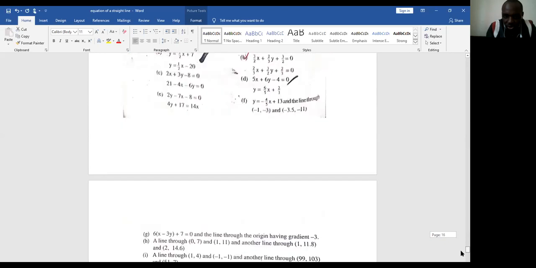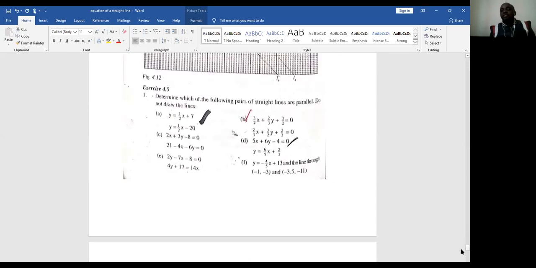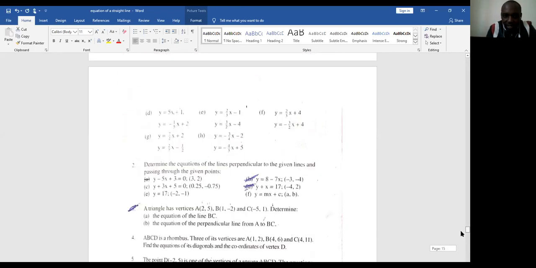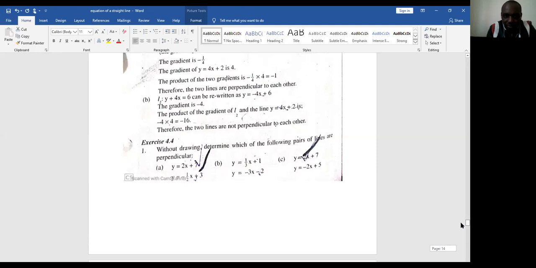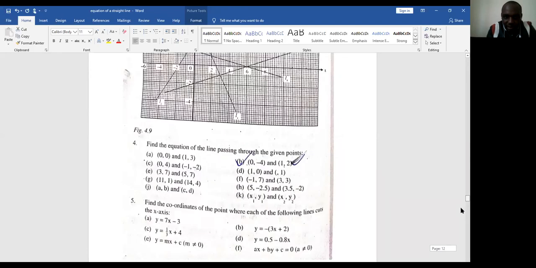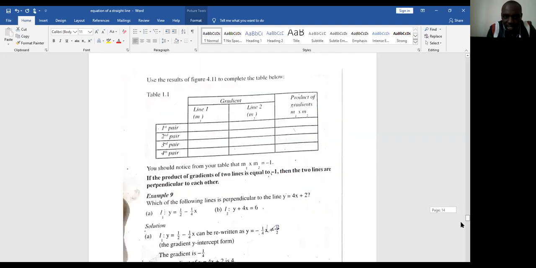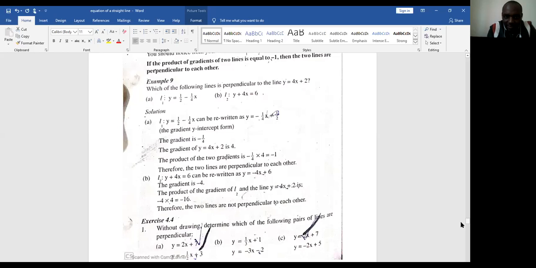Now, you are going to be told to test whether the following pair of straight lines are parallel or perpendicular. I think we should have started with perpendicular. Why have we started with parallel? Let's start with perpendicular lines, not parallel. And our second video is remaining with 10 minutes. So after that, we are going to move to the other video, and then like that.